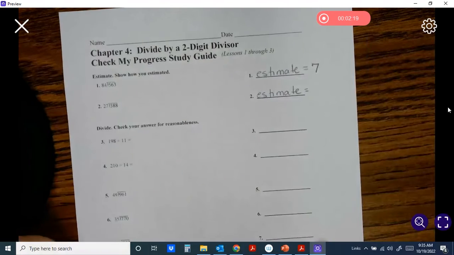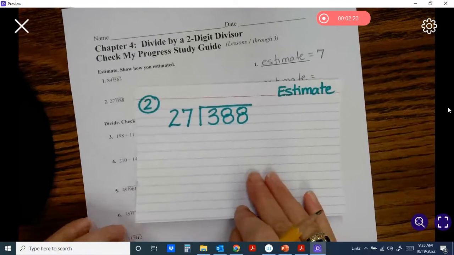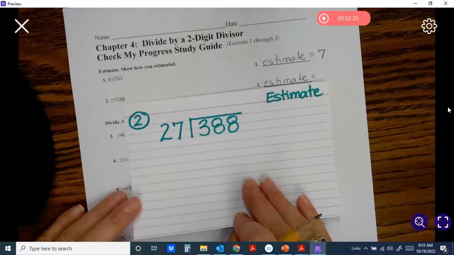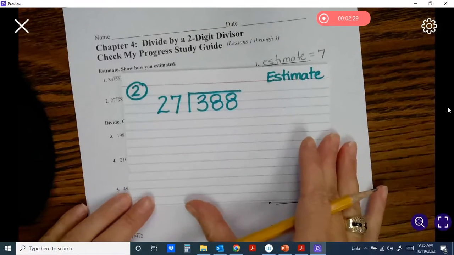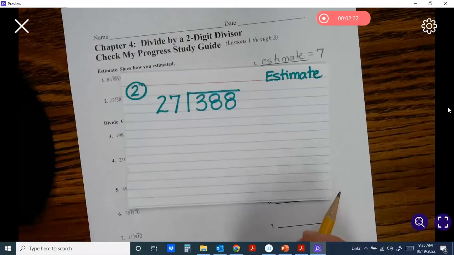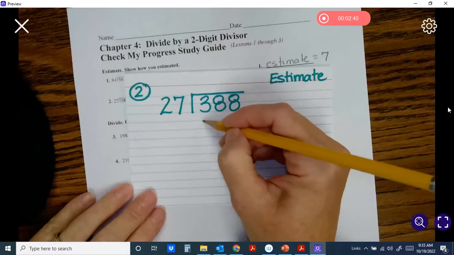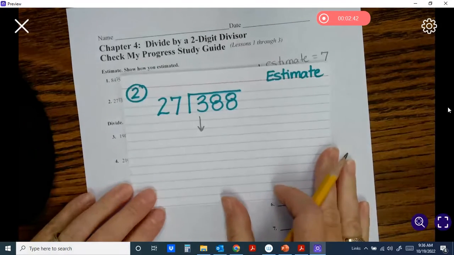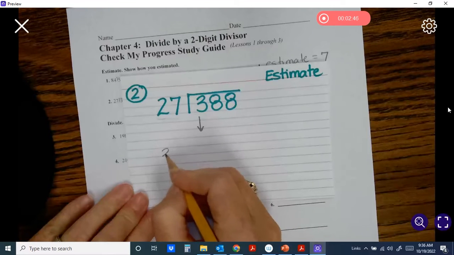All right, question 2. We have 388 divided by 27. Now, this is supposed to be an estimate, okay? So this is definitely going to be a rough estimate. And I'm going to actually write this down this way. I'm going to round 27 to 30, okay?